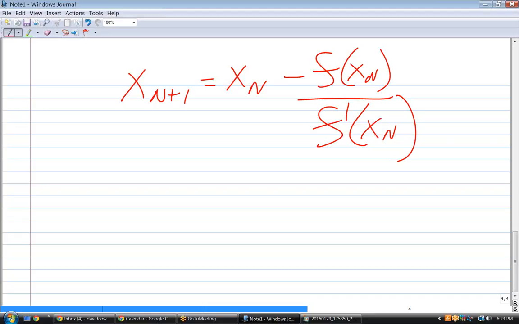It doesn't work on that function because those tangent lines don't get you closer and closer to the 0. And in fact, it doesn't matter what your first guess is. You will never get the 0 unless your first guess is 0 on that particular x to the 1/3 function. Right.